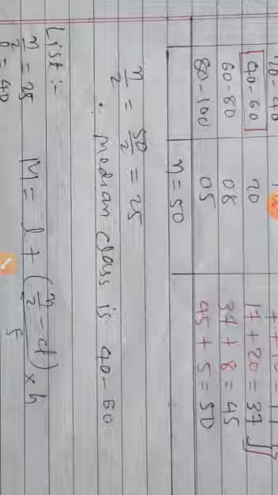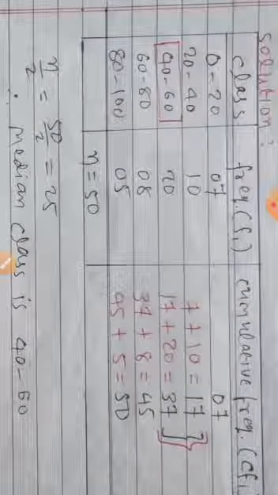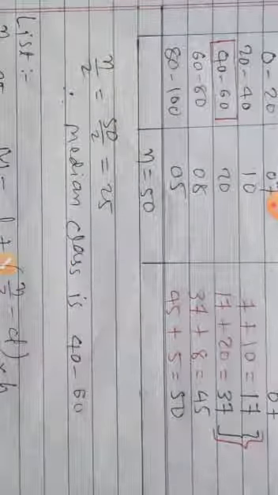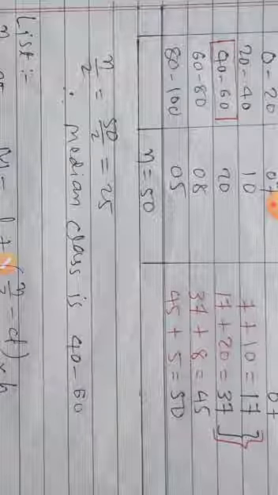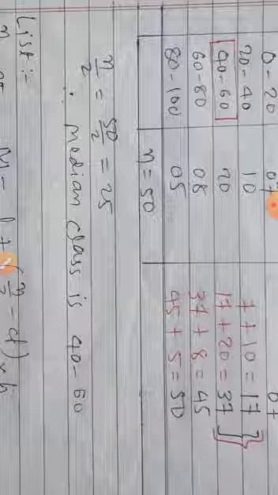After finding n by 2, you have to locate it in the cfi column. If that number is visible there, then that row's class is the median class. If not visible, see between which two numbers the value of n by 2 lies. According to that, you have to take the next row's class as the median class.